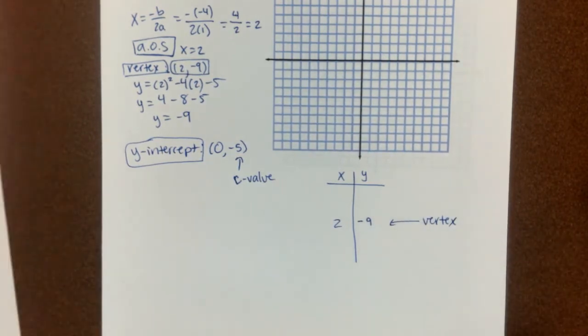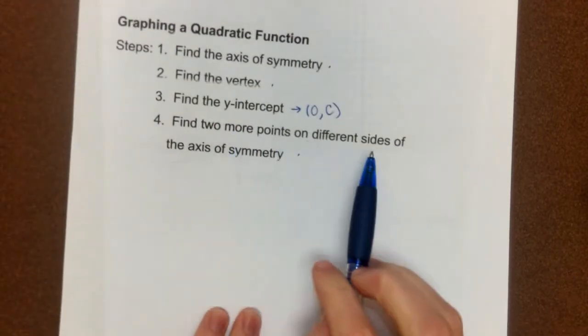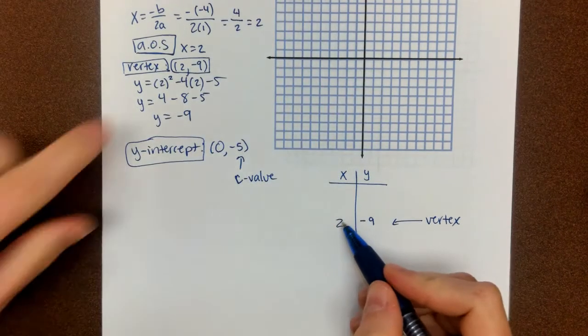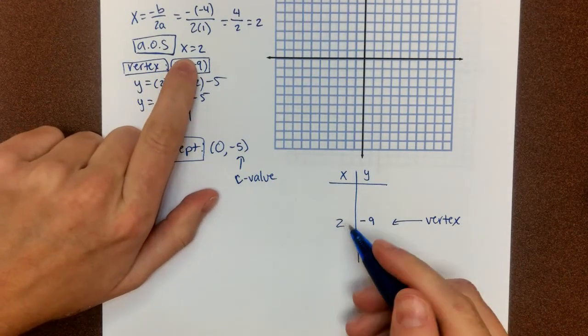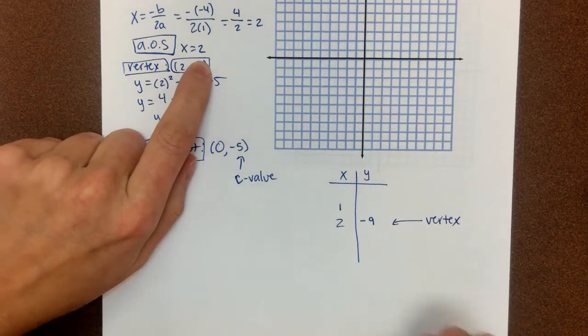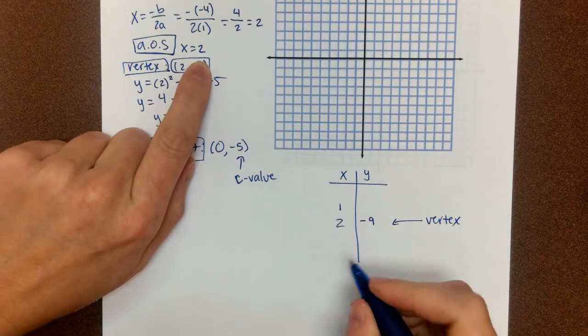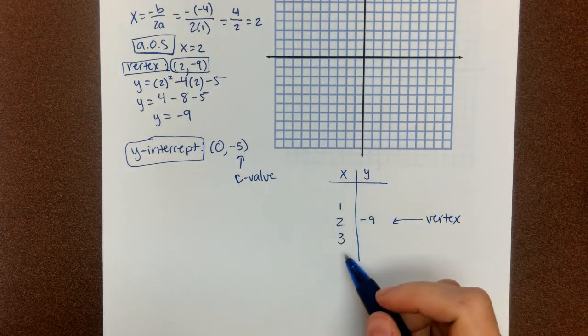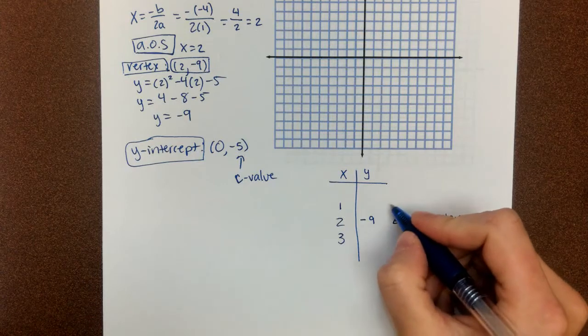Because that last step said to pick 2 points on different sides of the axis of symmetry, which is this x value of 2. So what is one value smaller than 2? 1. And what is one value larger than 2? 3.